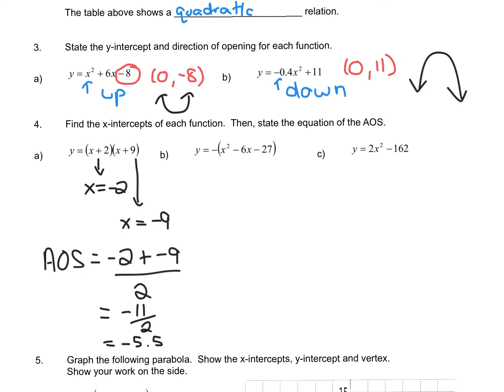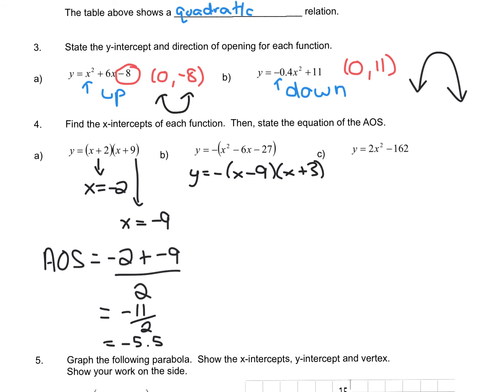Some of these you'll have to do another step. For example, you'll have to factor. That's why the last unit was so important. So we have y equals negative, and then we're going to factor. We're looking for two numbers that multiply to -27 but add to -8. So the factors would be (x - 9)(x + 3).